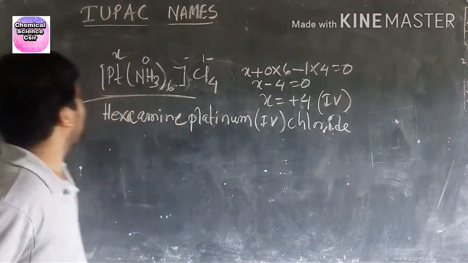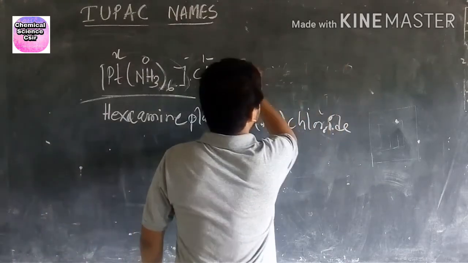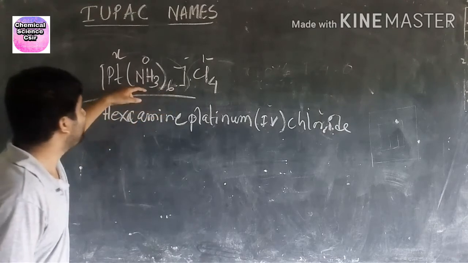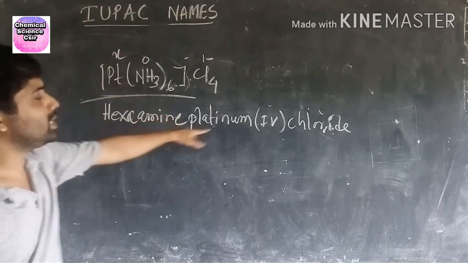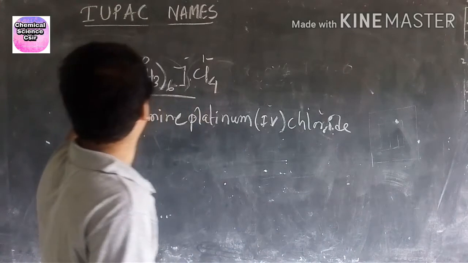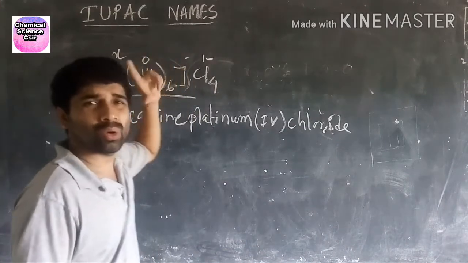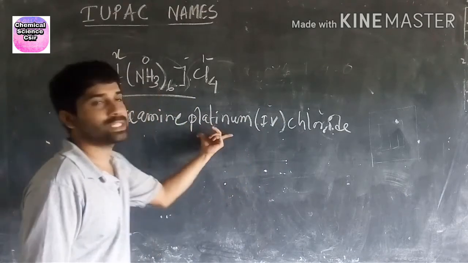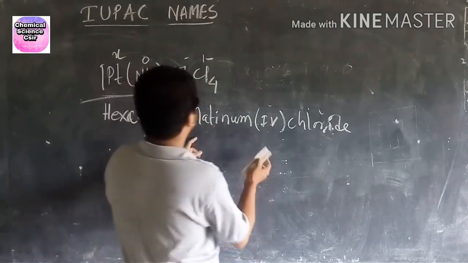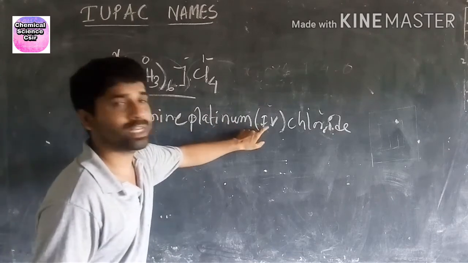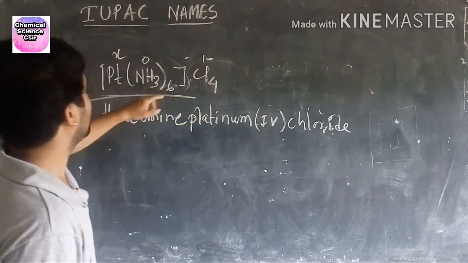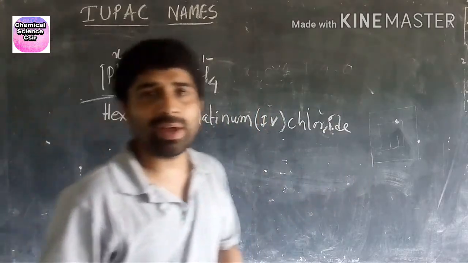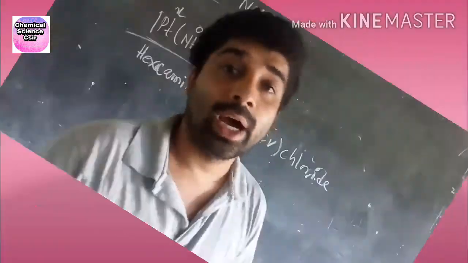So this is the IUPAC name of this complex. Why platinum? Because this complex is positive, so no need to change this name. The oxidation number is 4, after that chloride. So like this you can find out. Understood? Okay.